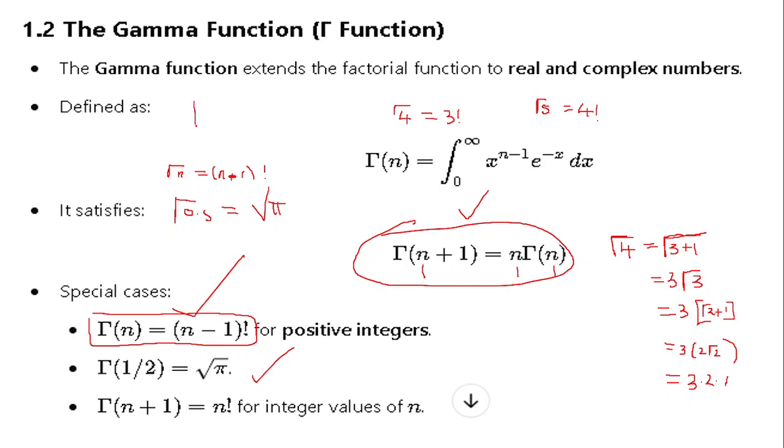Again, if you have gamma of n plus 1, this is just equal to n factorial. So for example, let me say, find gamma of 8. This is how many factorial?